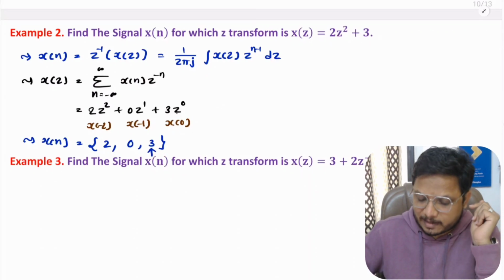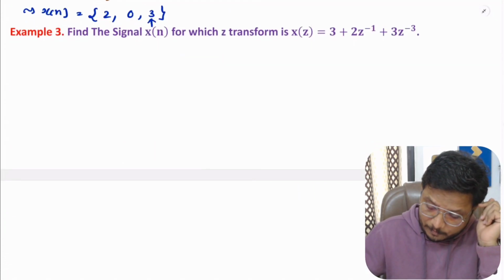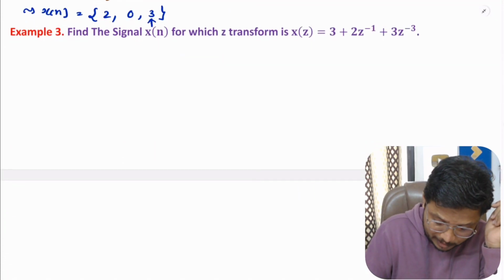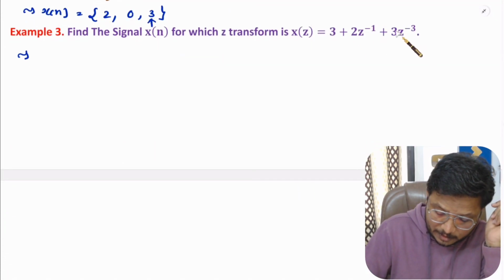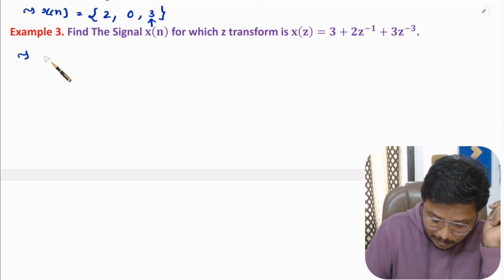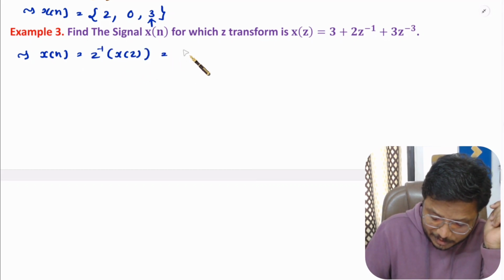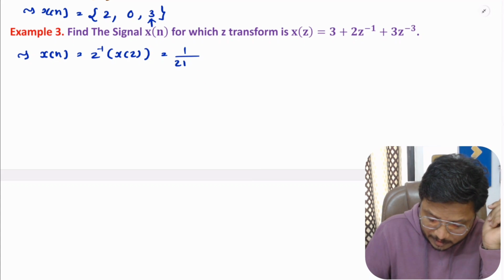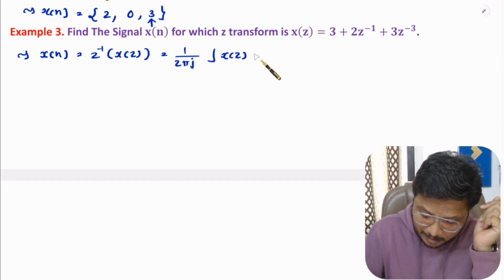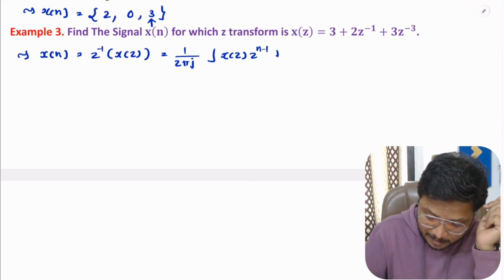Let me solve one more example. So here again we have a polynomial, from which we need to identify x of n. If you want the x of n calculation, then that is the inverse Z transform of x of z. The basic equation of inverse Z transform is 1 by 2 pi j integration x of z into z to the power n minus 1 dz.